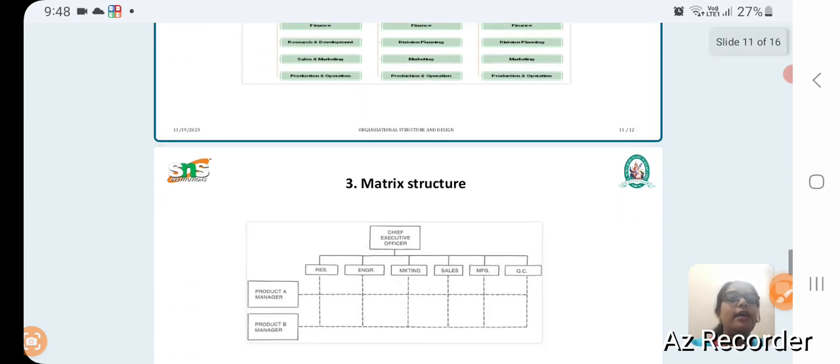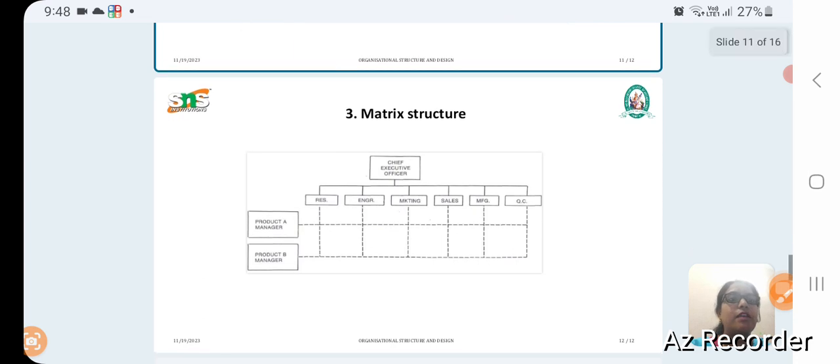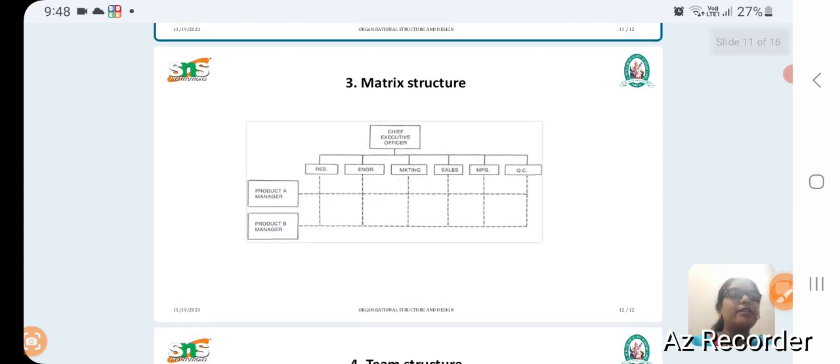Next one is matrix structure. As you all know, a matrix is a combination of rows and columns. Likewise in the matrix structure, team members report to several managers at once.